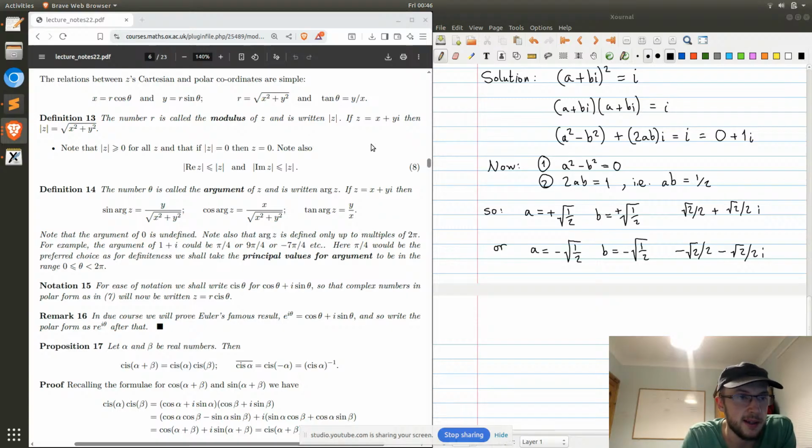Now, why does that make sense? Well, you can just think of the definition of sine and cosine via a unit circle. It's simply saying that the sine of an angle is equal to the opposite over the hypotenuse. The hypotenuse in this case is just how far away the complex number is from the origin.